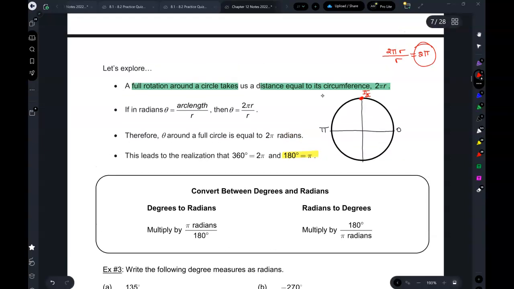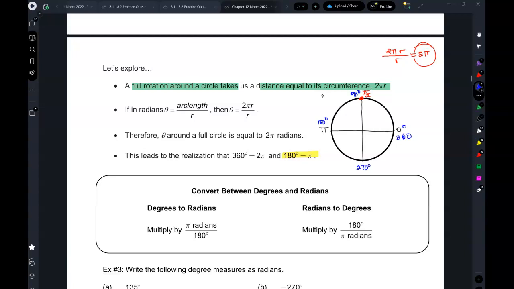Okay? In degrees, this would be 0 degrees, 90 degrees, 180 degrees, 270, and 360. But now in radians, it's 0, pi over 2, pi. So each corner is pi over 2, half a pi.